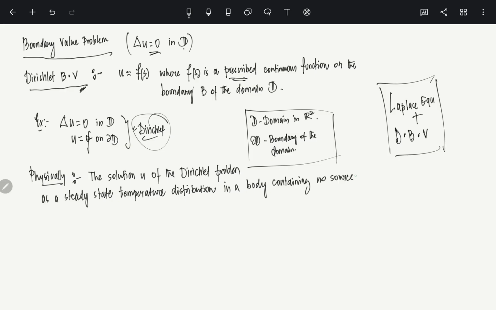I will explain what I mean by source or sink, with the temperature prescribed at all points of the boundary. I will explain later in our next video where we get this and what it models.